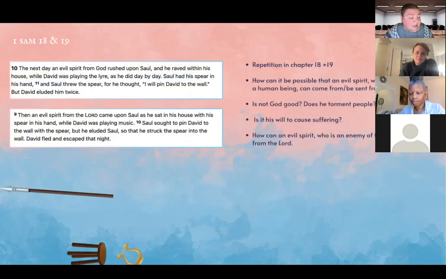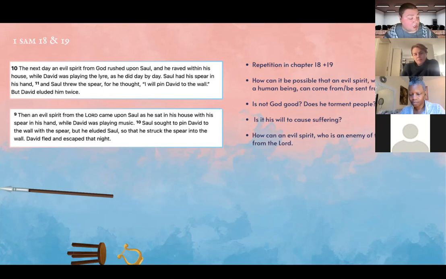Later in chapter 18, while David is playing and singing for Saul, we are told again, the next day an evil spirit from God rushed upon Saul, and he raved within his house, while David was playing the lyre as he did day by day. Saul had his spear in his hand, and Saul threw the spear, for he thought, I will pin David to the wall. But David eluded him twice.